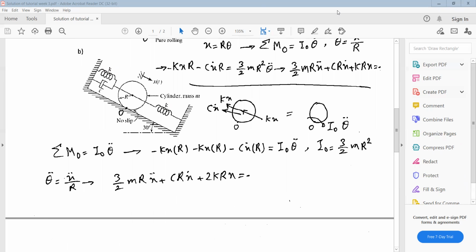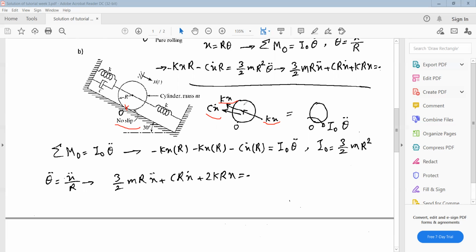Here you can see for this system, again, we can write the moment equation about point O because there is no slipping. So similar to the previous part, we can assume that this cylinder is rotating about this fixed point. So we can write the moment equation about this point O. We will have three forces, two forces due to the springs and one force due to the damper.